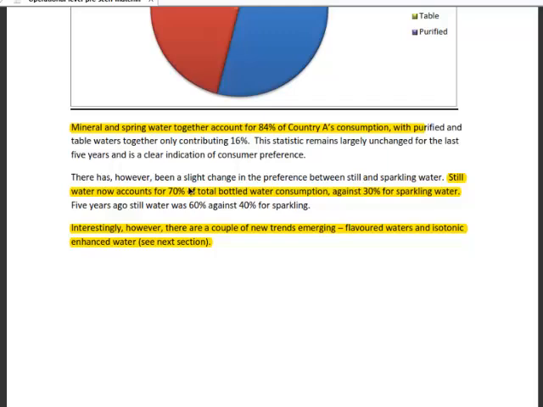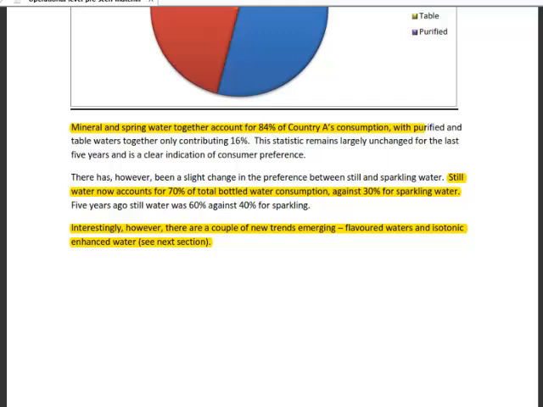Still water accounts for 70% of the bottled water consumption against 30% for sparkling water. 5 years ago it was 60-40, now it's 70-30, so there's obviously a trend here. And again, I'll draw your attention to the fact that Valley is making roughly 50-50 of still water to sparkling water. So maybe there's an argument to reduce the sparkling water and increase the still water.